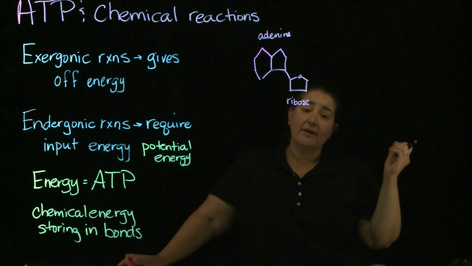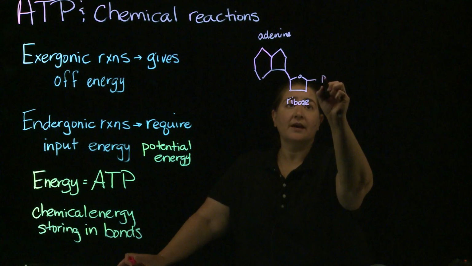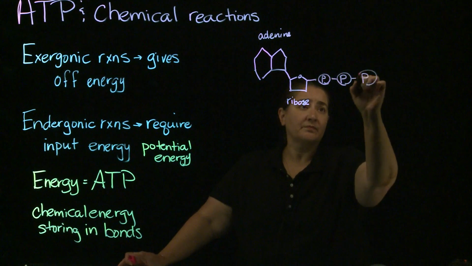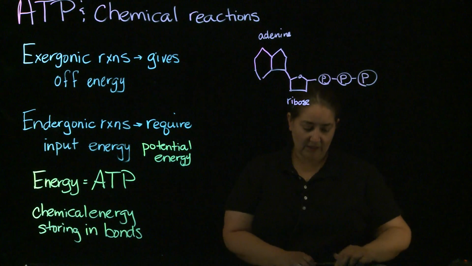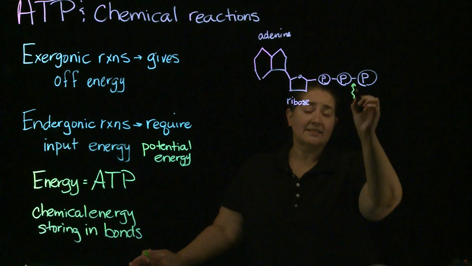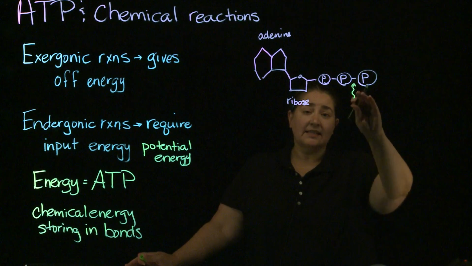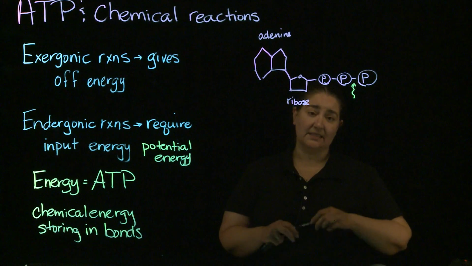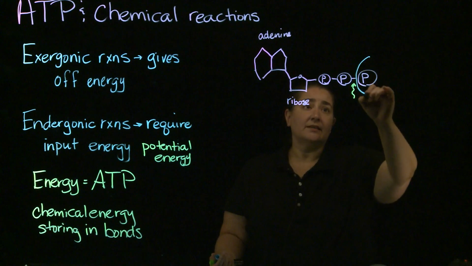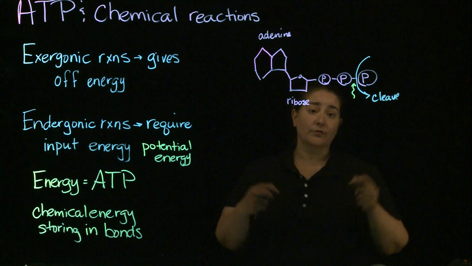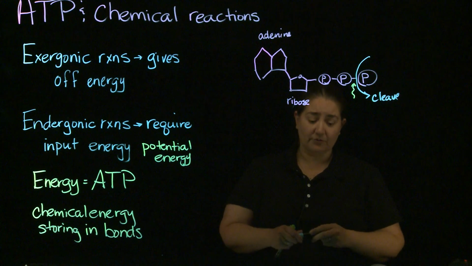And then it was triphosphate. So coming off of that, you've got 3 of those phosphate molecules. And really with ATP, where most of that dynamic energy is accessed is in that last phosphate group, because it's very easy to cleave or remove that last phosphate, okay?